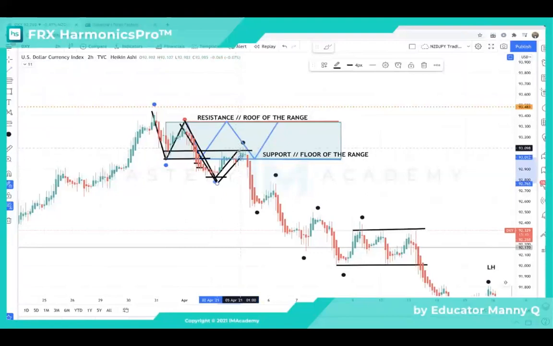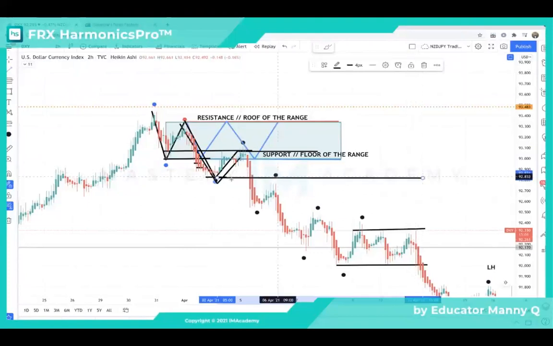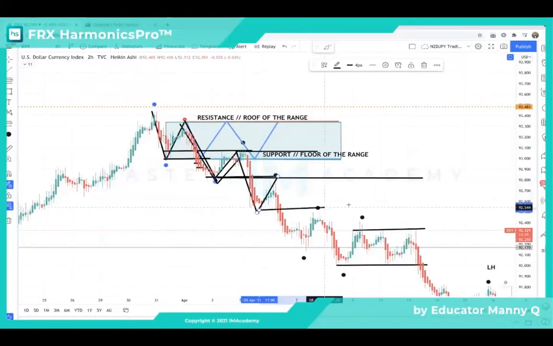The market has a new high. The market has a new low. That's the trading range. Market broke out of that low, created a new lower low, pulled back, created a new lower high. That lower high ran into the previous low. Now we have a new range. There goes the new range.